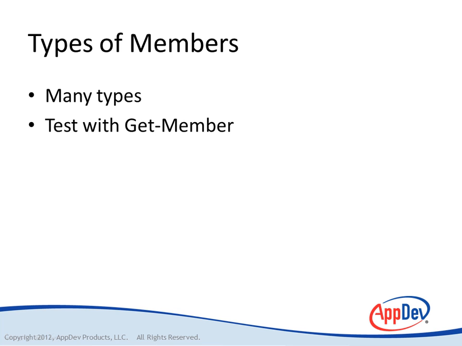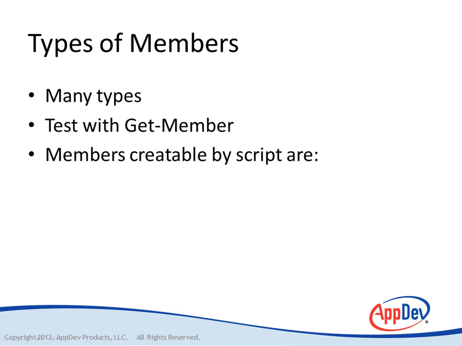Now there are many types of members that are available to you. You can test a given object or a given variable with get-member to see what all the members are that are available to that particular variable. But if you're going to extend an object in script with PowerShell, then the members that you can actually create are alias property, which just takes an existing property and aliases it under a new name.